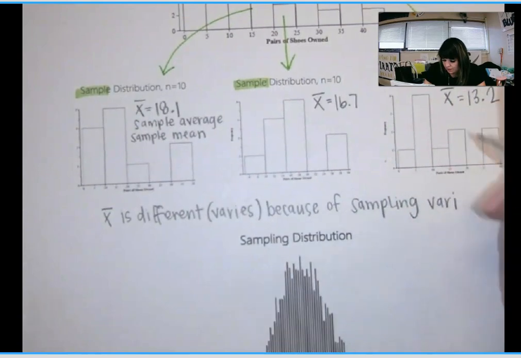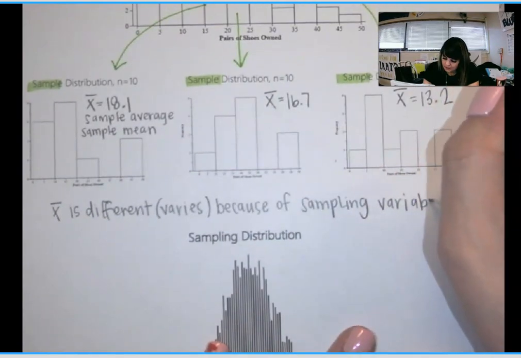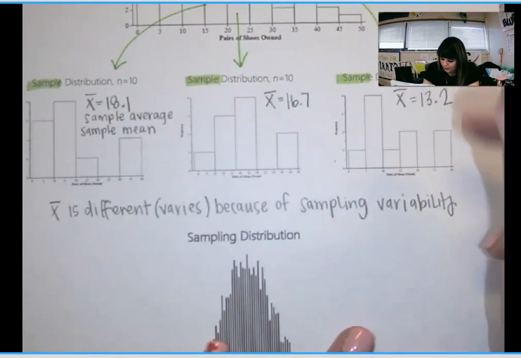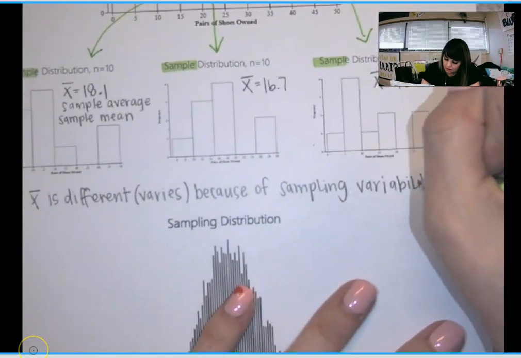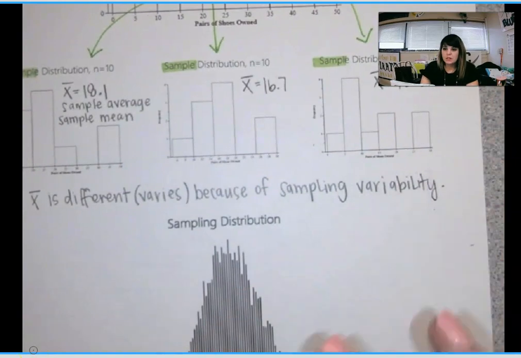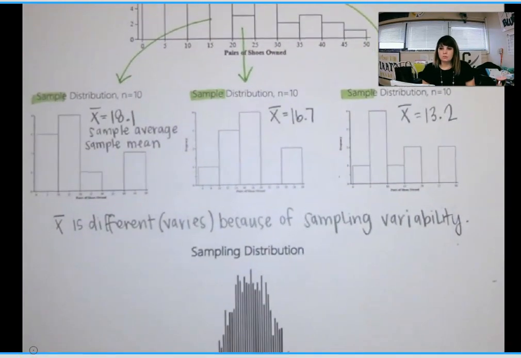And remember, sampling variability is natural and okay. It's natural and okay that our samples have different averages, because our samples have a different set of 10 kids in each sample. So of course the values are going to be different.